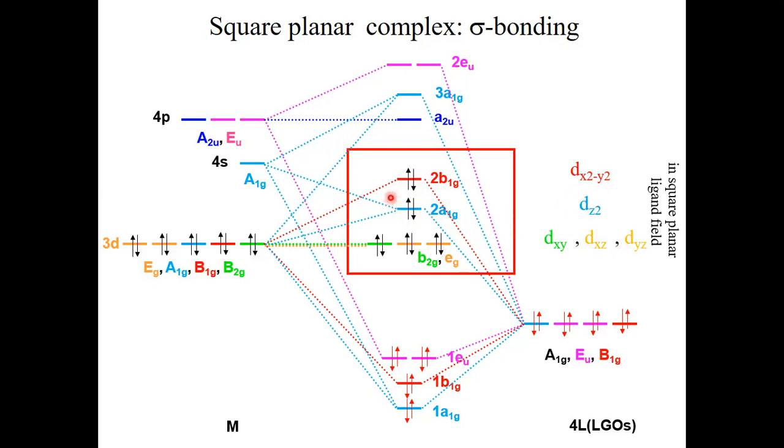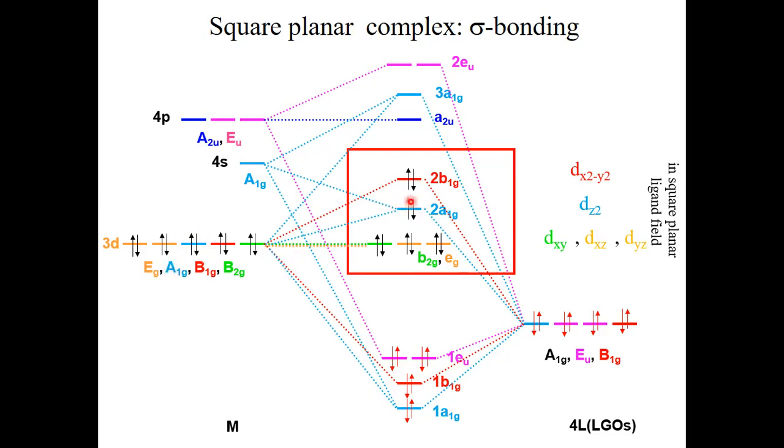This molecular orbital is of course not exactly a dz square orbital, because there are also influences from the 4s in that ligand group over here. But you see that this orbital here is approximately non-bonding and energetically relatively close to the d orbital of A1G.